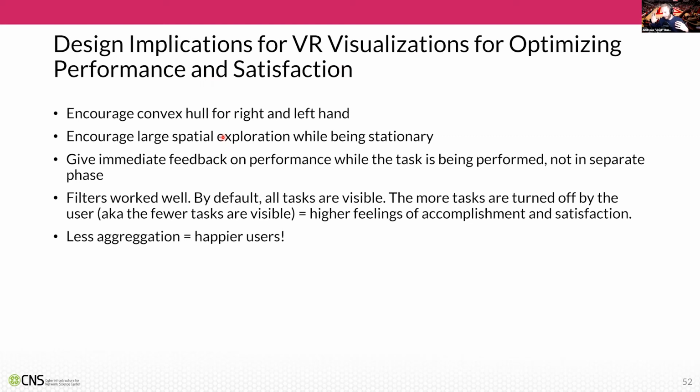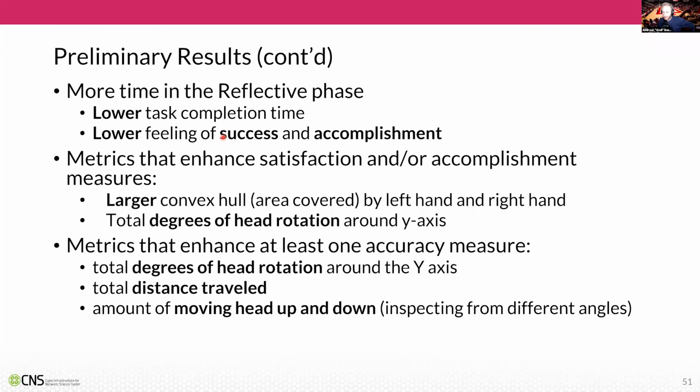We have a big correlation matrix that we couldn't put onto one slide between all sorts of spatial metrics like the space usage, etc., and then all of the performance metrics and accomplishment and satisfaction that come afterwards. It is really interesting to see, for example, we identified some metrics that enhanced at least one accuracy measure later on.